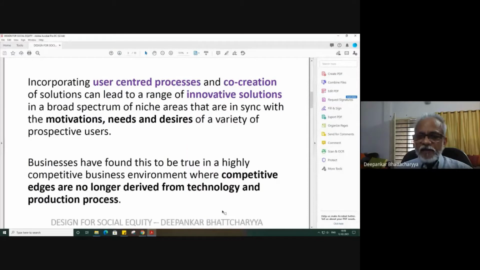Corporations have made the transition quite seamlessly. And if you look at the top corporations of today, they look very different from the ones that were there 10 years earlier, and certainly from those which were there 20 years earlier, especially in the areas which are consumer facing, whether it is the way you do your shopping, which is the area of retail, how you order your food, or even hospitality.